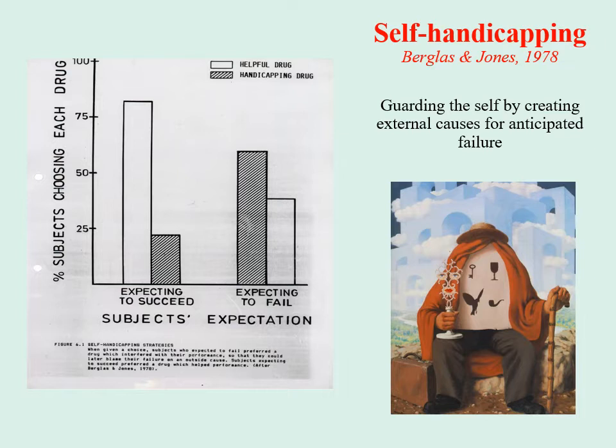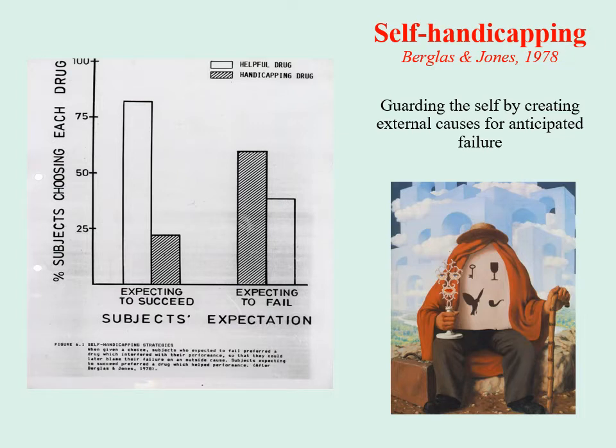After that, Forgas and Jones asked their participants, allegedly as part of a completely different experiment, to volunteer to take a drug that is described as either facilitating performance or handicapping performance, inhibiting performance.